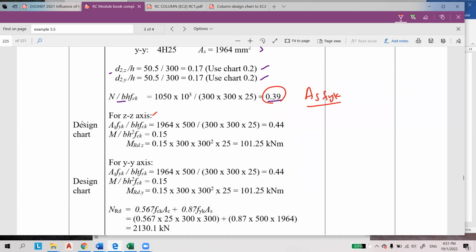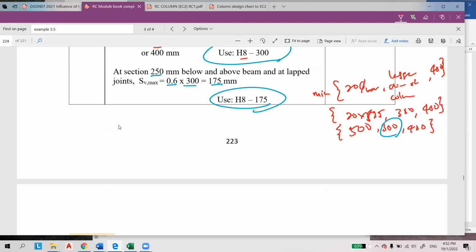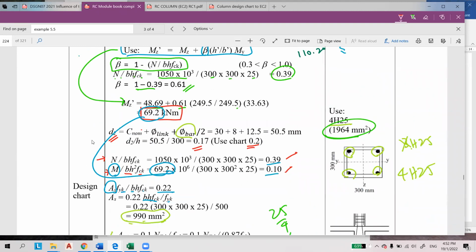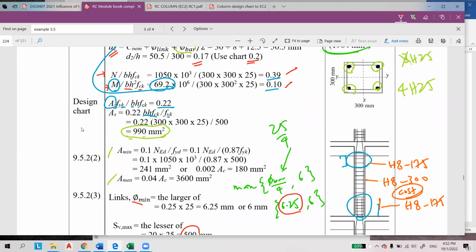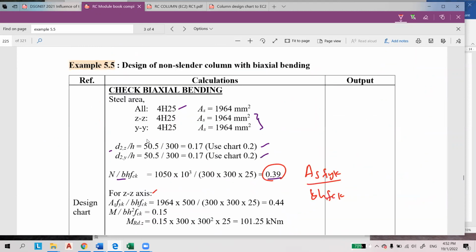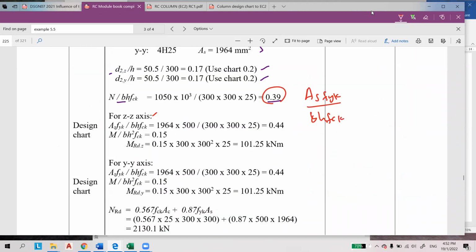As fyk divided by b h fck. From these equations, the As here is the As required. But for checking now, we must input this one as the As provided. That's the difference.